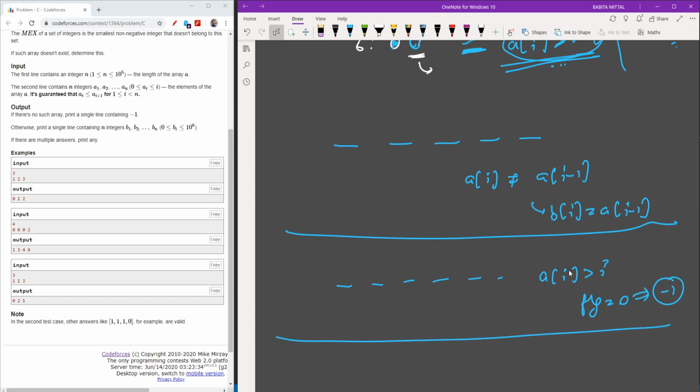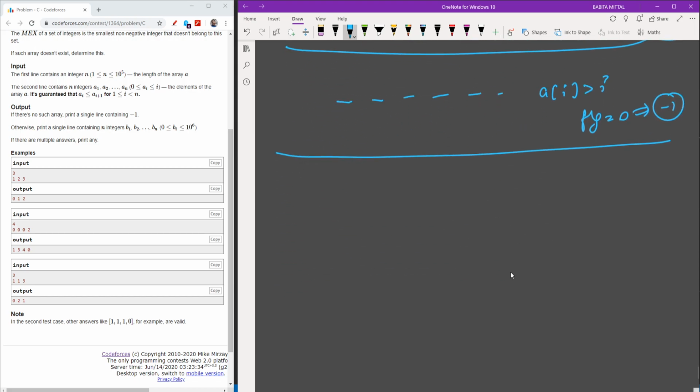What I have understood more is that if we have an array and at some point, suppose it is A3, A4, A5, then in my B present here, I will not be able to write these elements of the array.